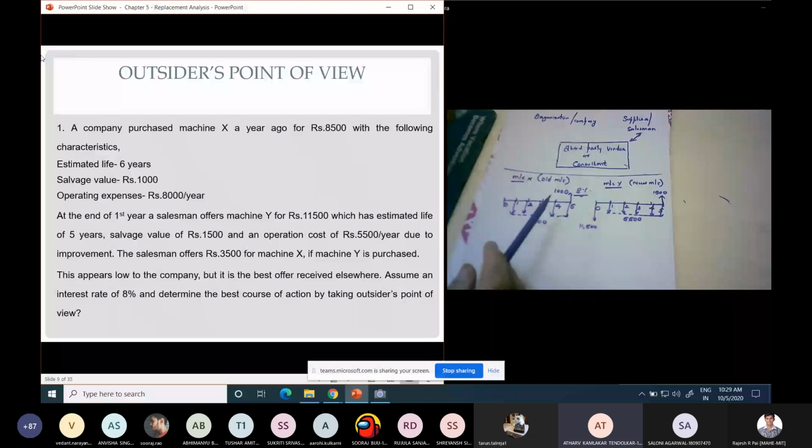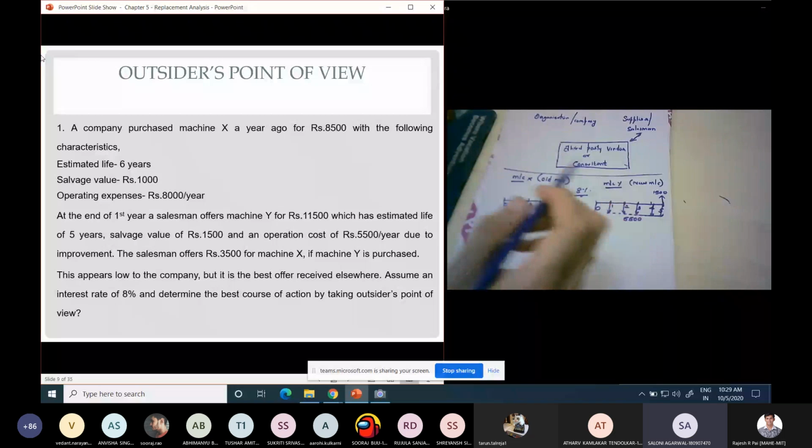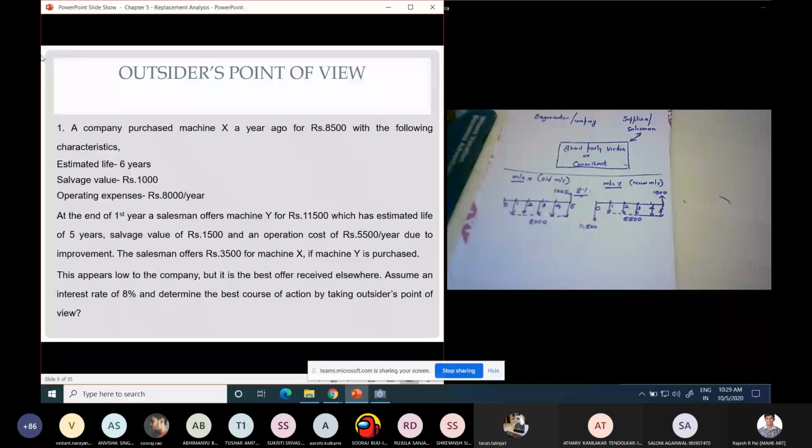Sir, should we include 3,500 for machine X? Yeah, that is what. The answer is correct. Why? Because they have to pay it to the company, right? Whether it will be an inflow or outflow, who will be paying it to the company?